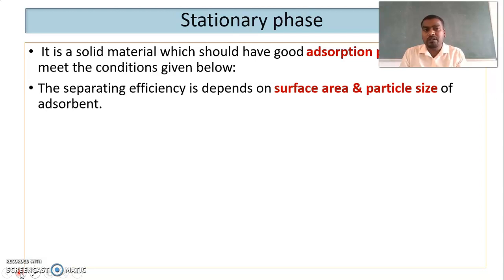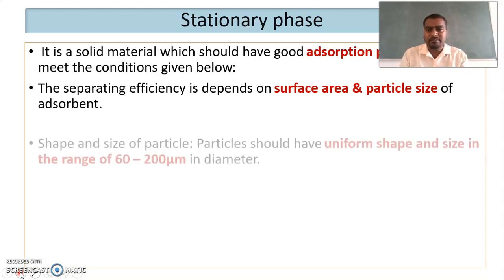Two factors affect adsorption: particle size and surface area. If the surface area is more and the particle size is less, it enhances the separation and increases the resolution of the chromatographic technique. This is the condition we use to select a stationary phase.